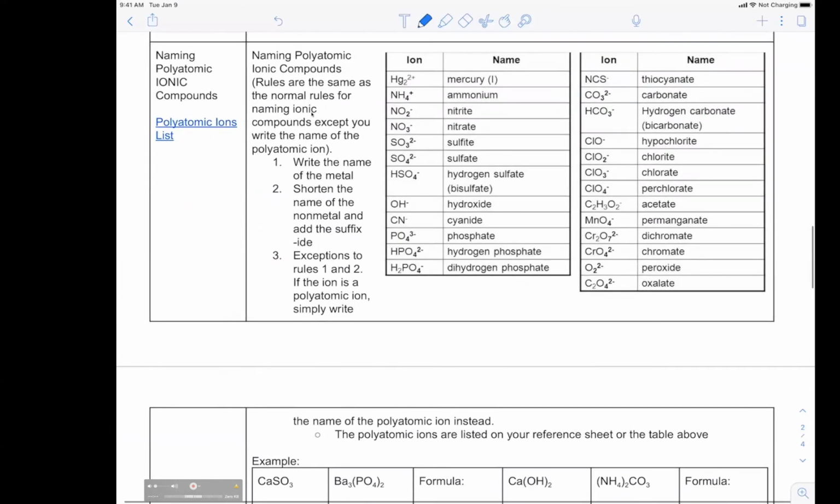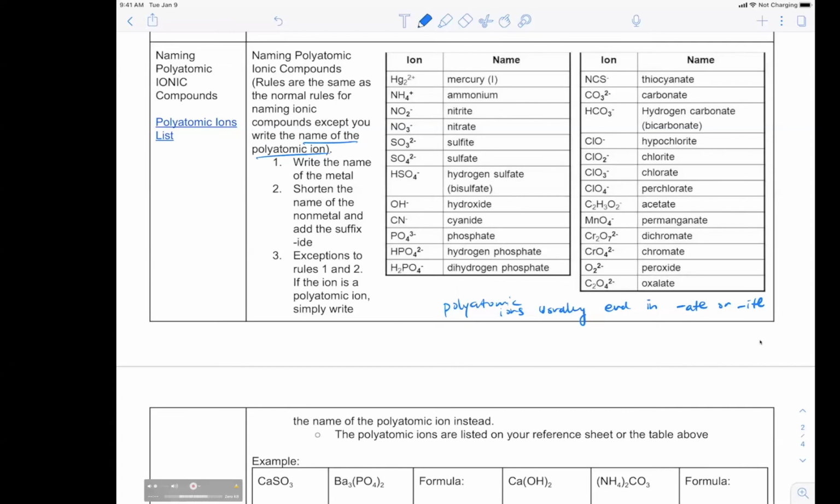So for polyatomic ions, it's the exact same rules as naming normal ionic compounds. The only exception is if you see a polyatomic ion, you write the name of the polyatomic ion. But if you don't see a polyatomic ion, you just write it like normal. And I'll give you a clue. Polyatomic ions usually end in ATE or ITE.